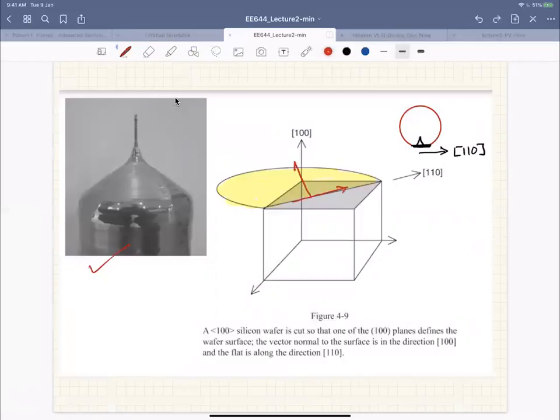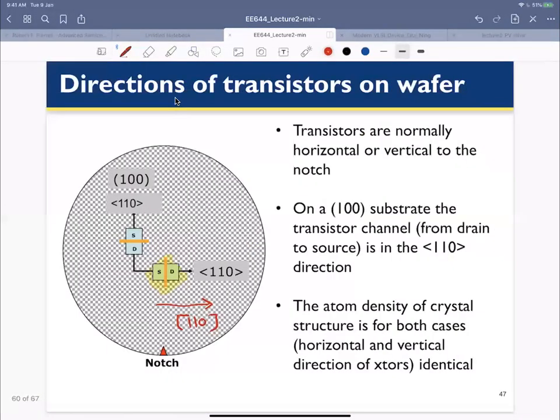So even if you put your transistors vertically, electrons are flowing vertically, from here to here, so here also electrons are flowing in the 110 direction, right? So this is preferred because the electron mobility is higher on the 100 surface and in the 110 direction, right?